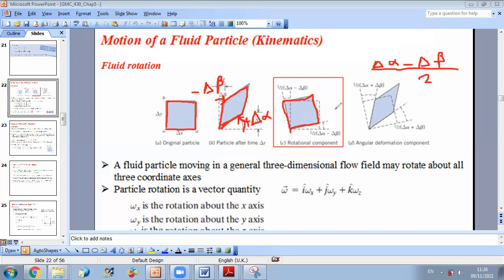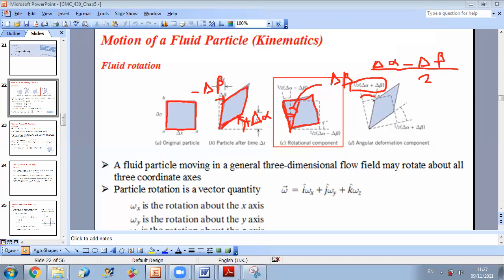If we want to know the total deformation of each side, this side due to rotation was at this position, but due to deformation, it ended up at the following position with an angle here of delta beta. So what is the total deformation angle? It is half delta alpha minus half delta beta plus delta beta. So in total, the deformation of this side is half delta alpha plus half delta beta.